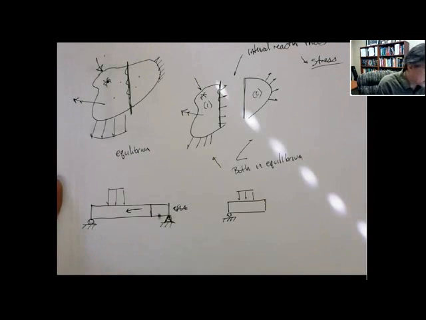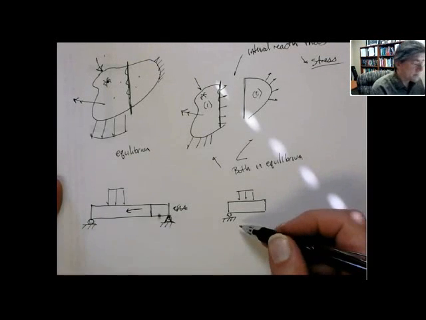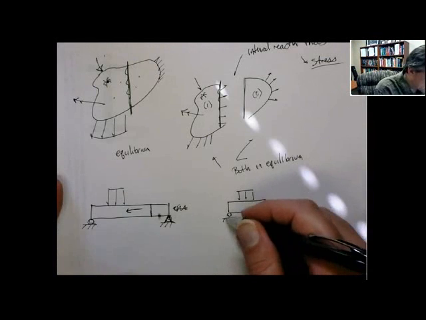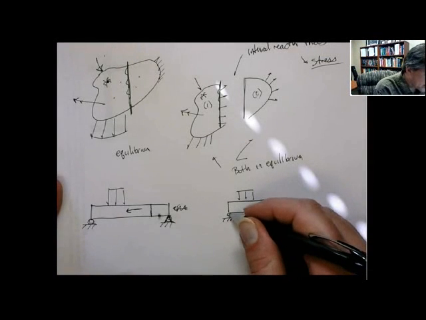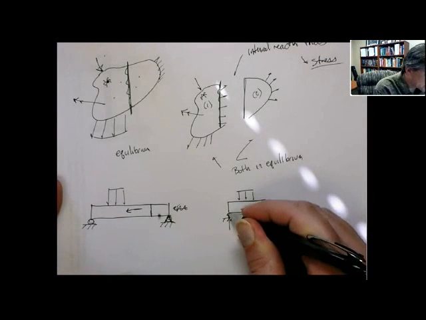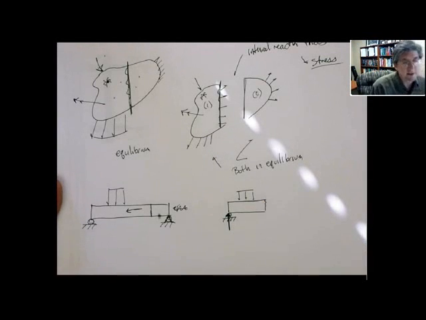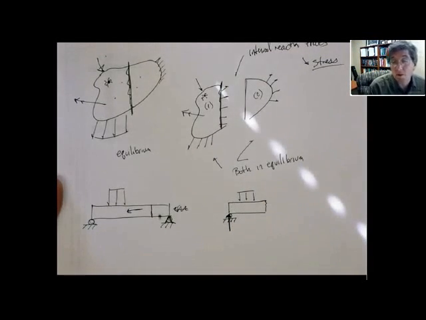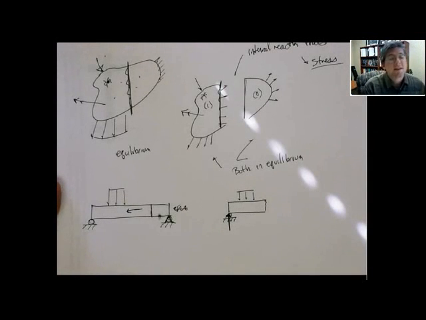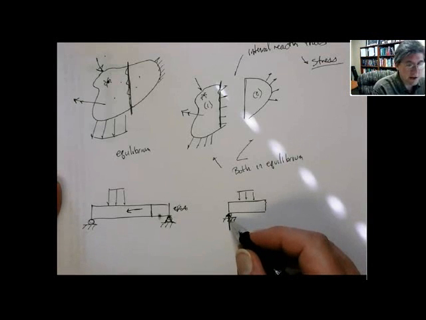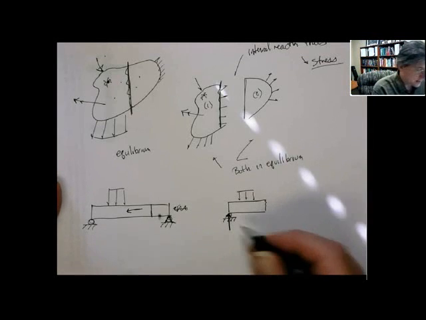Well, actually, you know what? I'll draw the free body diagram. Okay, so this is a roller, so this actually has a point force acting on it, right? So I'm doing what I told you not to do. I'm being a little sloppy in my free body diagram. But here's the supporting reaction force due to the roller.